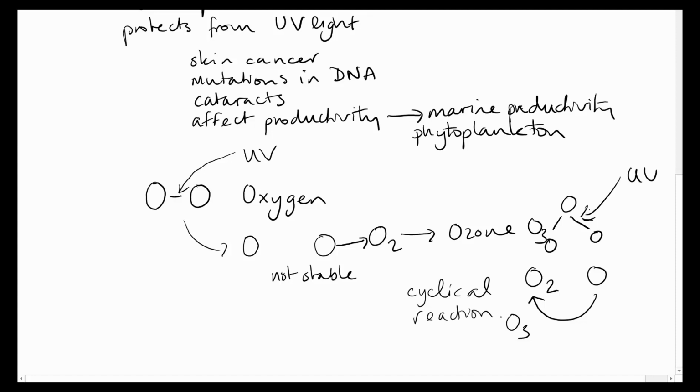So the oxygen atoms get broken apart, they bump into other atoms, and they reform. And this is the role of ozone in protecting the Earth. It's not intentional, but that's the consequence of it. So ozone protects the Earth from ultraviolet light.